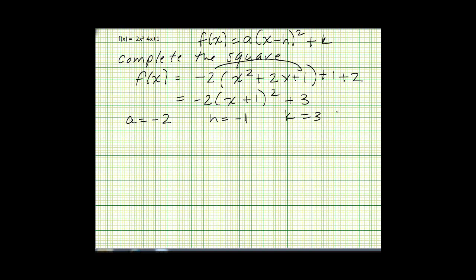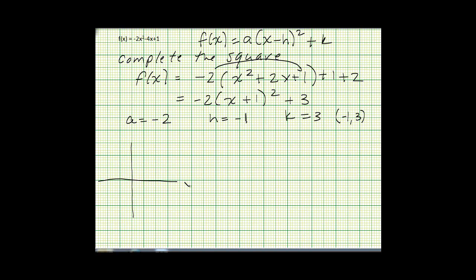We also know that our vertex is going to be (-1, 3), because the vertex is at (h, k). And so we can check at the end, and hopefully we end up with a vertex at (-1, 3). So again, we start with our basic function.